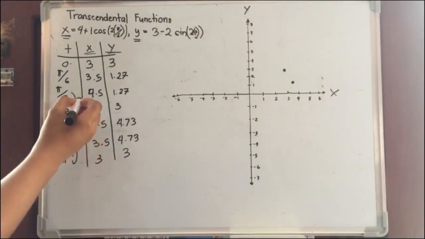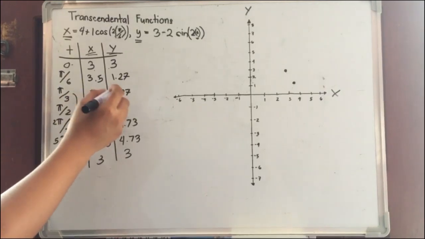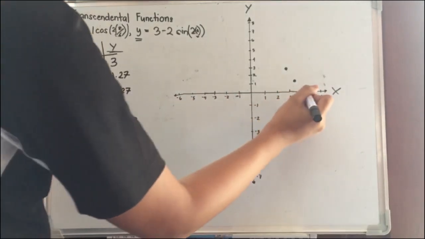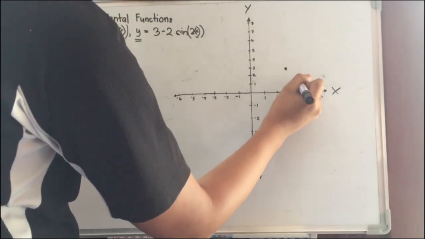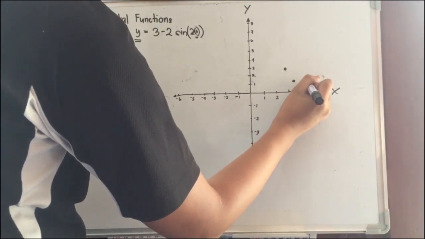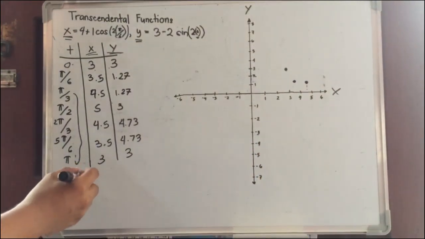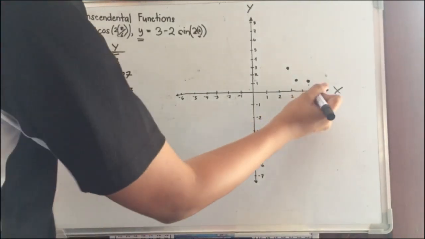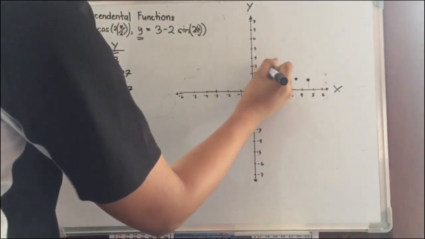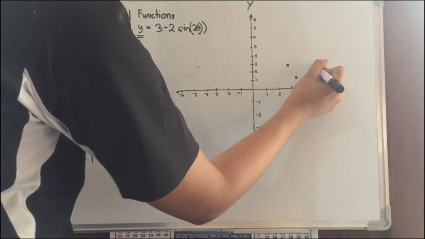And then the next point is located at 4.5 and 1.27, so the point will be located here. And then the next is 5 and 3. So 5 and then 3, the next point is located here.